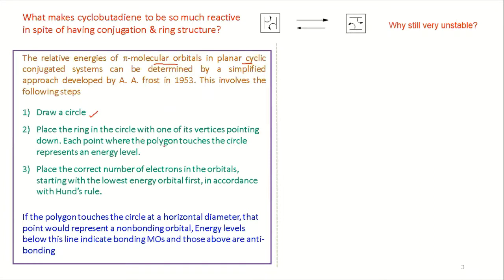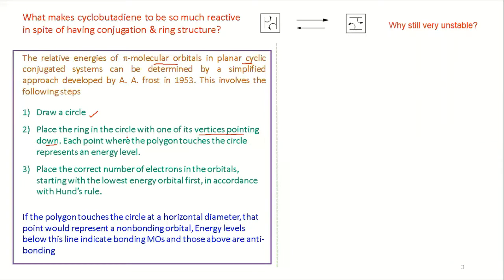Then you fit the polygon you are interested in, say cyclopropane or cyclobutene, or whether it is 6-membered, 5-membered, 7-membered, whatever it is. You fit that cyclic polygon having unsaturation within the circle in such a way that one of the corners is placed at the bottom, with the vertex pointing down.